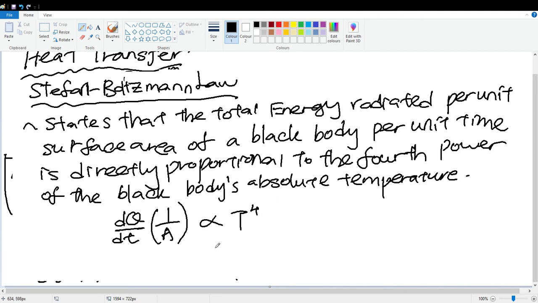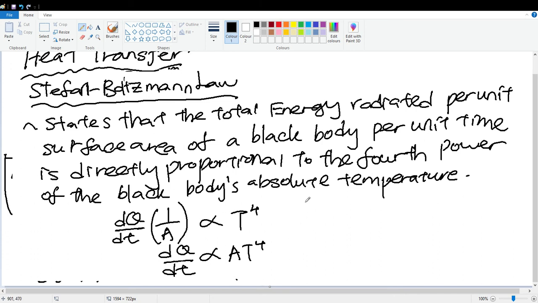If I move the surface area to the opposite side, what I get is directly proportional to AT^4.